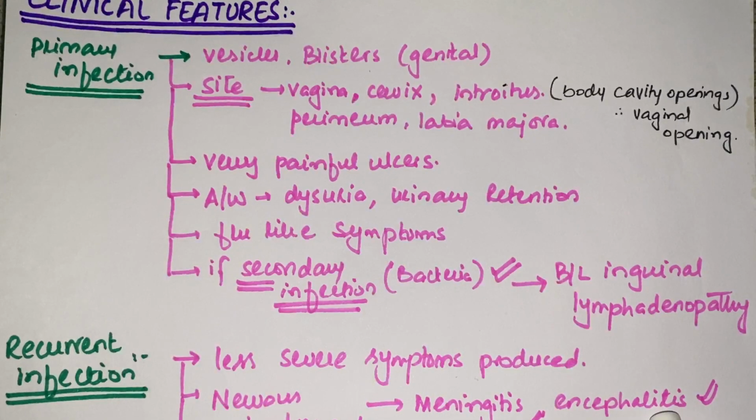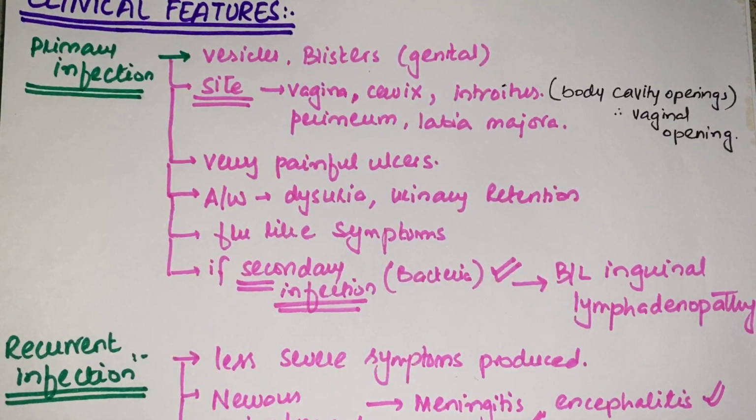The nerve root ganglion most commonly involved in causing recurrent infection, which can be an MCQ, is the posterior nerve root ganglion. These are all the features by which the patient will present to us.